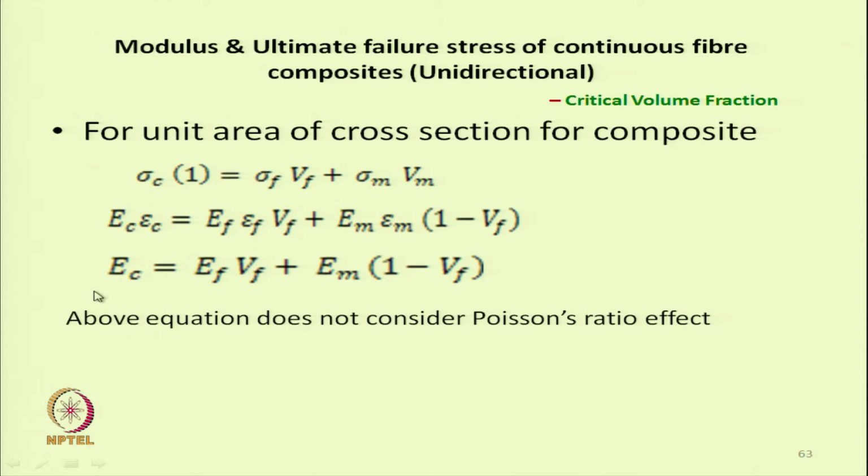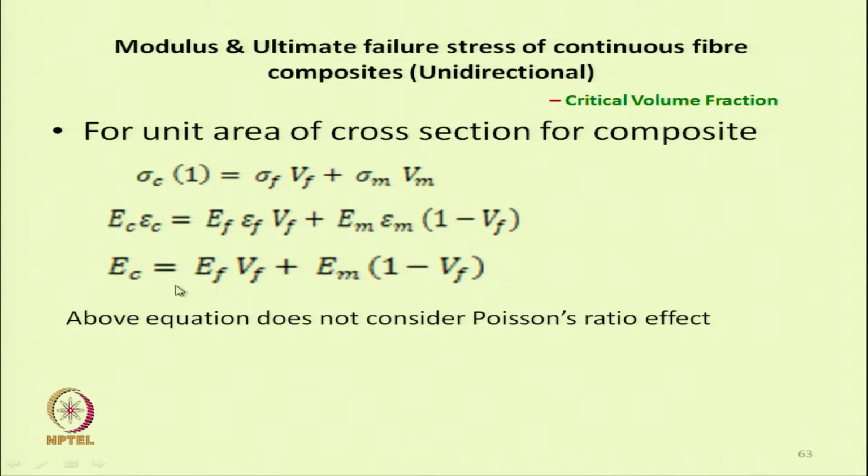Similarly, we can get the modulus of composite by multiplying the individual fiber modulus with the volume fraction of fiber and modulus of the matrix with the volume fraction of matrix, which is 1 minus volume fraction of fiber.